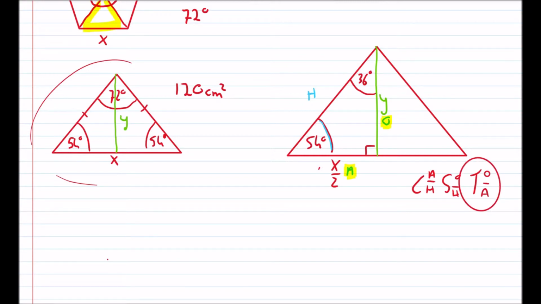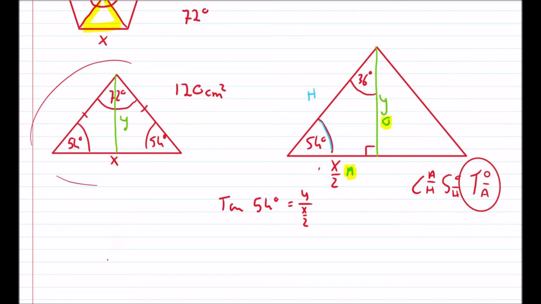And we see that tan deals with O and A. So the tan of 54 degrees equals y over x over 2. The tan of 54 is 1.38, equal to y over x over 2.